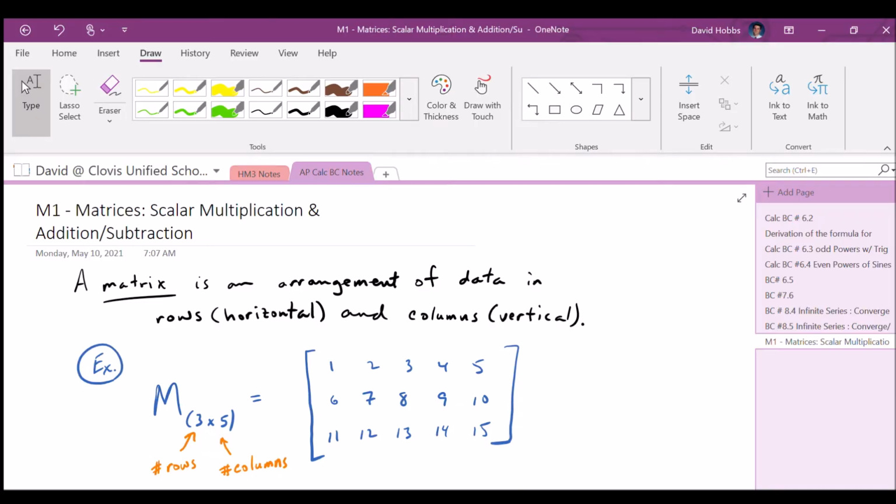It is now after the AP exam, and we're going to do a short unit on matrices. You will find matrices useful if you keep going in calculus, and even if you do other things in math, matrices are used quite often.